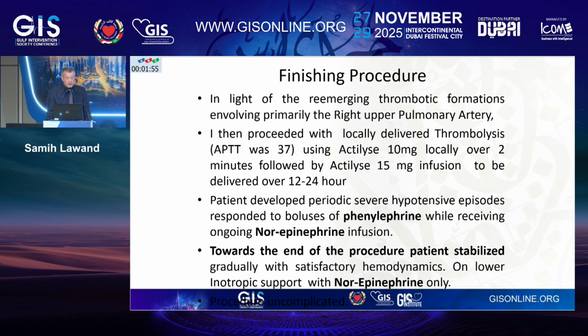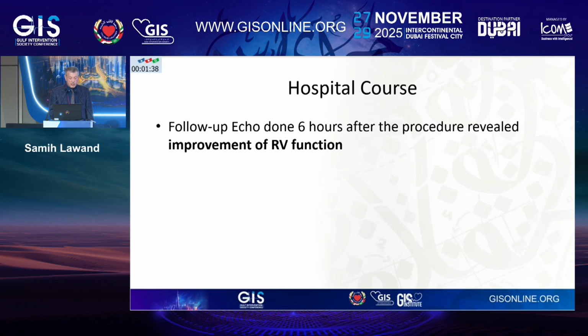During all this period, the patient became severely hypotensive, needing boluses of epinephrine and norepinephrine. Towards the end of the procedure, the patient stabilized gradually, satisfactorily with hemodynamics, and managed to go on lower levels of norepinephrine only.